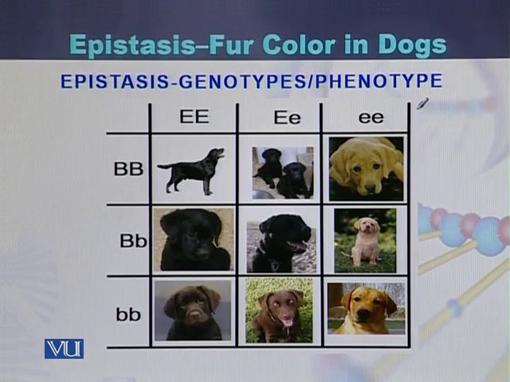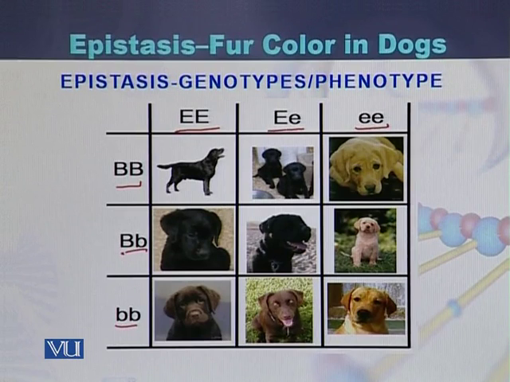On one hand, this is the genotype BB, Bb and bb. While here are three forms of the gene that has epistasis over the black gene and brown coat: the dominant form, the heterozygous form, and the recessive form.